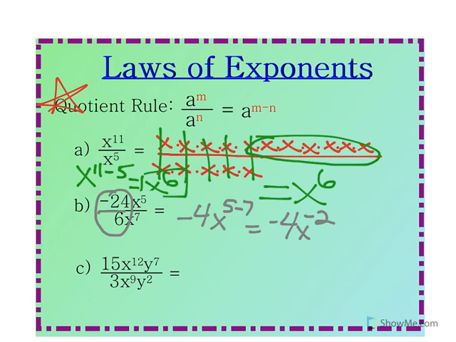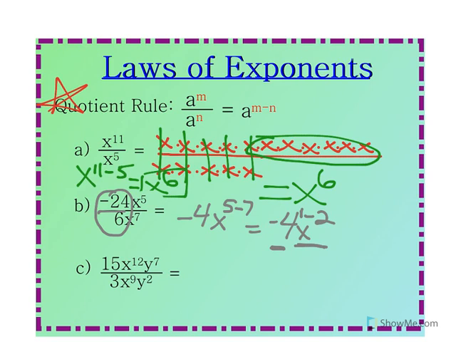Now what we have to be very careful about here is that this negative 2 exponent is attached to the x. The negative 4 is a negative coefficient, but there's only one of them there, so its exponent really is a 1. The 1 is understood to be there, that's why we don't normally write it in, but it is a positive 1.